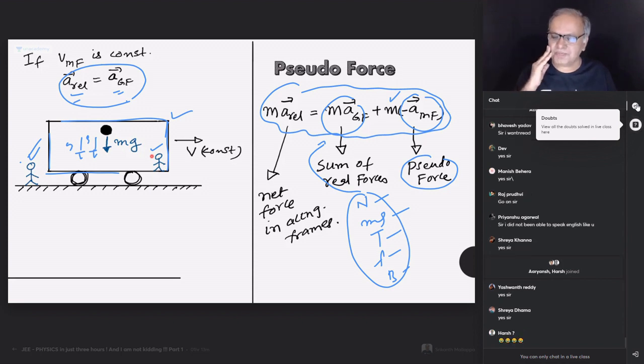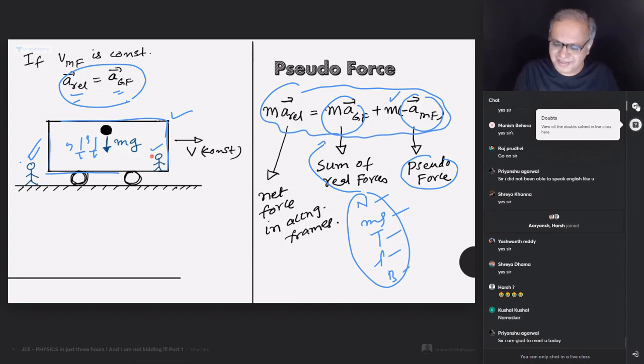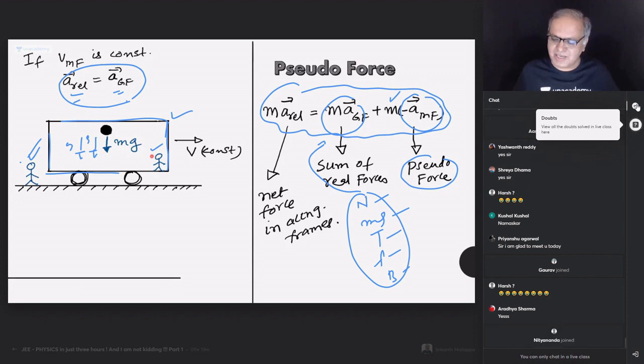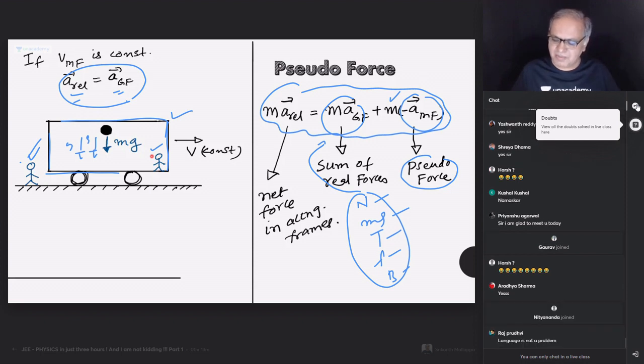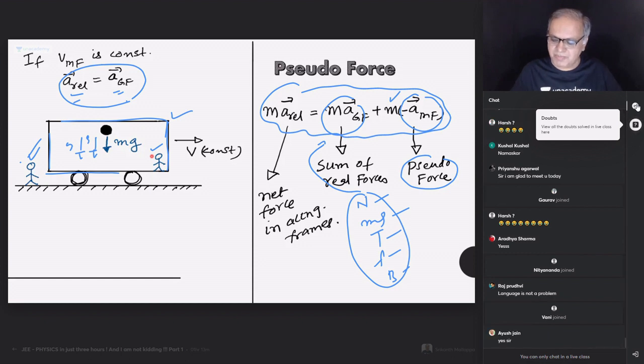So Priyanshu, in 2 years with me and Bhaskar sir, you'll also become an English professor. Don't worry. Okay. Right. Namaskar. Kushal Kaushal. Priyanshu Agarwal, sir, I am glad to meet you. Thank you. I am equally glad to meet you, children. Language is not a problem. If you have got pain in the stomach, you will speak. That's all.